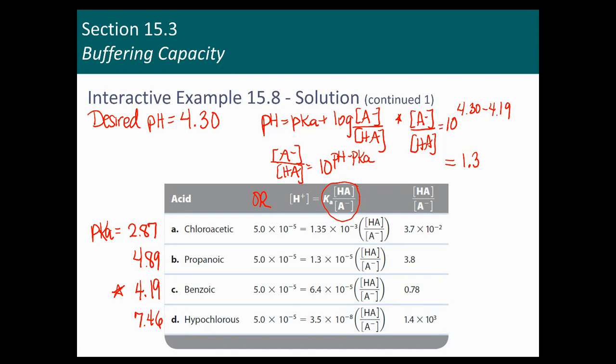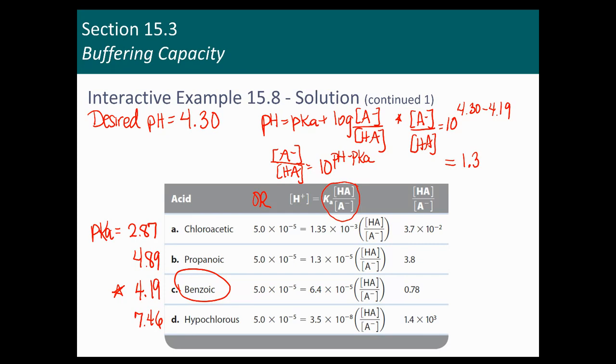Now go ahead and try the rest of these to see what ratio you're getting for each of them. And what you're going to notice is that for the other ones, the ratio is really farther from 1. So that's why this buffer system of benzoic acid was our best choice for this pH.